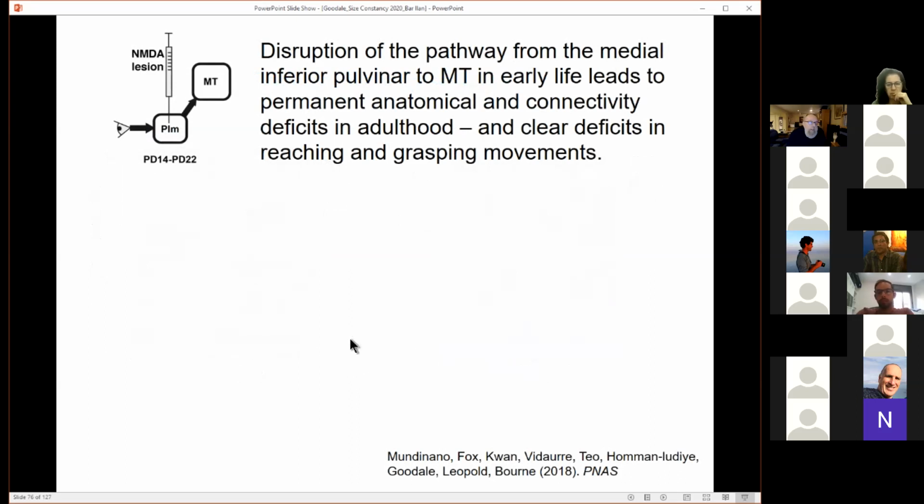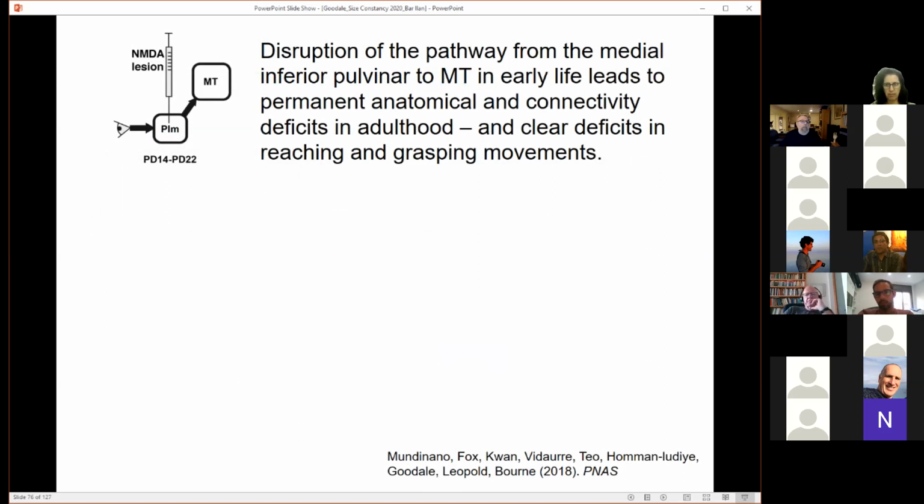So in our initial attempt, this is work led by a postdoc in the lab at Monash, an MDA lesion of an infant monkey in the inferior part of the medial part of the inferior nucleus of the pulvinar, where we know it receives input both from the eye and from the colliculus, and then projects up to MT. That pathway has been well studied by James.